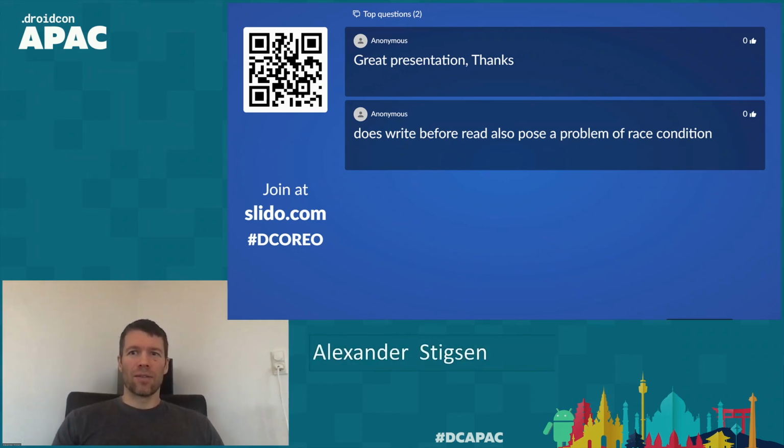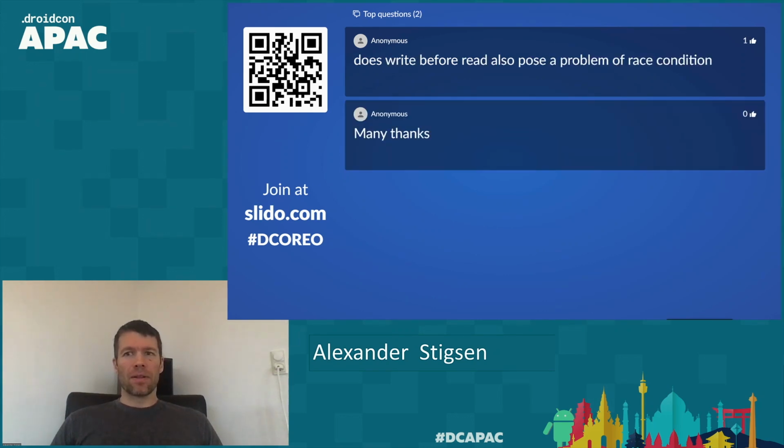There's one here that says, does a write before read also pose a problem of race condition? I'm not entirely sure I understand exactly what is meant, because write before read can be many things.